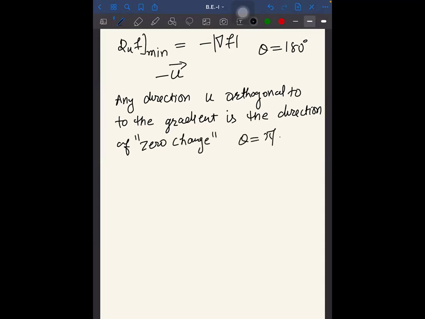That is theta equal to pi by 2. Because if you keep theta equal to pi by 2, then Duf would be mod del f times cos pi by 2, which is 0. So the amount of change would be 0. If you take theta to be pi by 2, there will be no change, if you take theta to be 0 degrees, the change will be maximum, and if you take theta to be 180 degrees, then your change would be minimum. Is it okay?